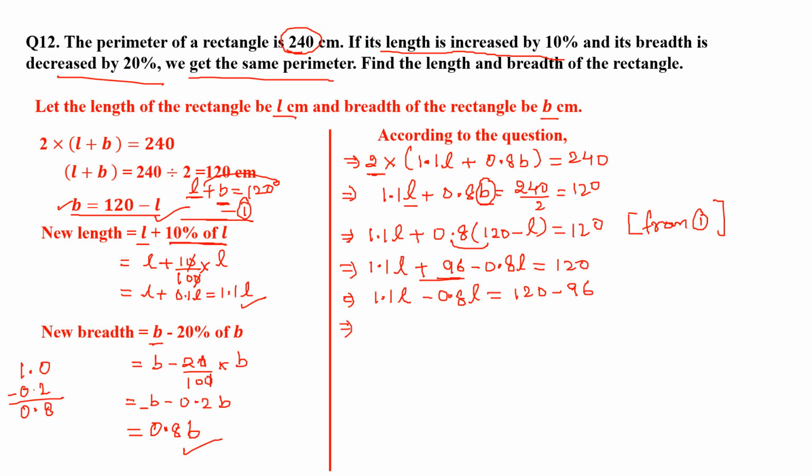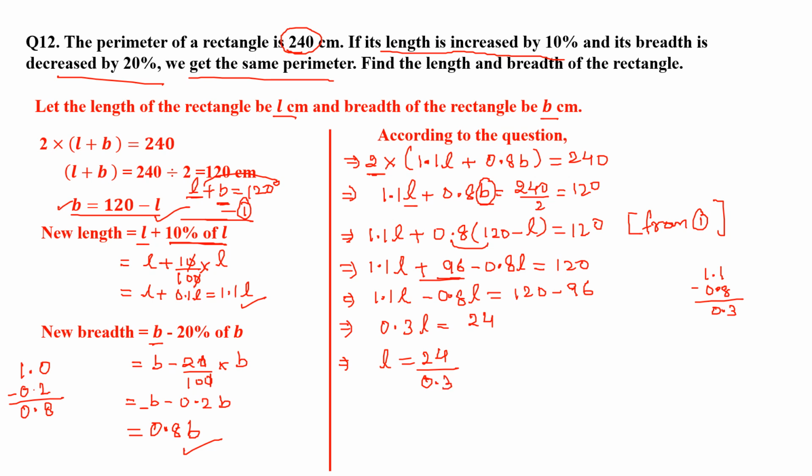Now subtract 1.1 and 0.8. Okay, so 1.1 minus 0.8, if you do, you will get 0.3. So 0.3 L is equal to 120 minus 96, which is 24. Now the value of L will be 24 divided by 0.3. I have transposed 0.3 to other side.